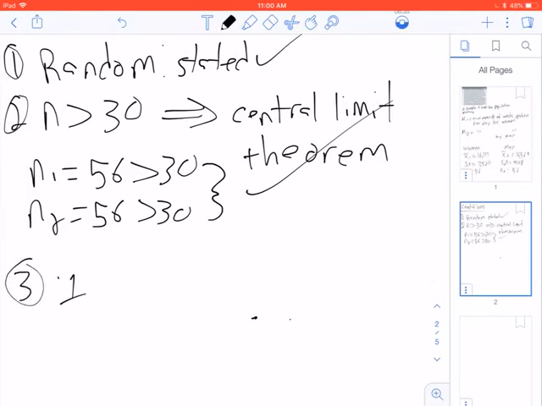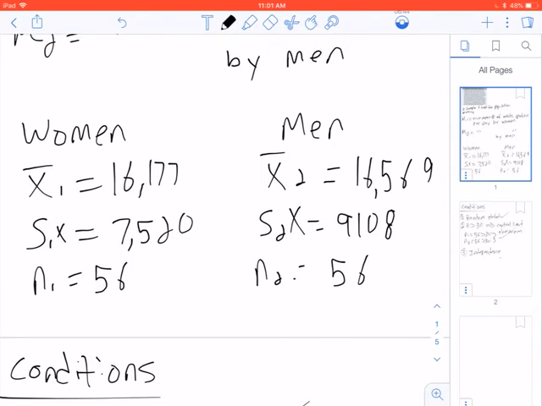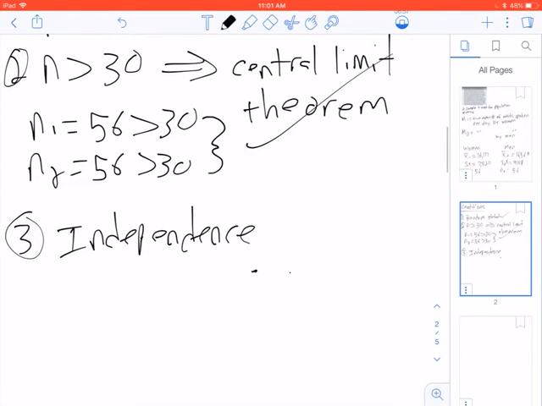And the last condition is independence. I'll have independence if my sample size is less than 10% of the population. I have 56 women in the first sample and 56 men in the second sample. I think this particular set of tests applies just to people at the university.